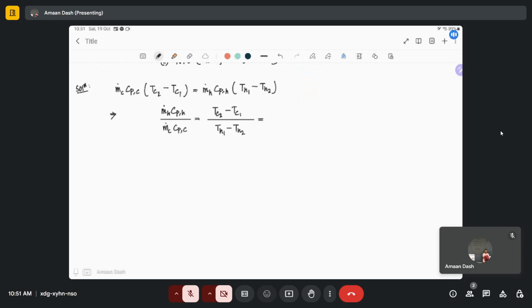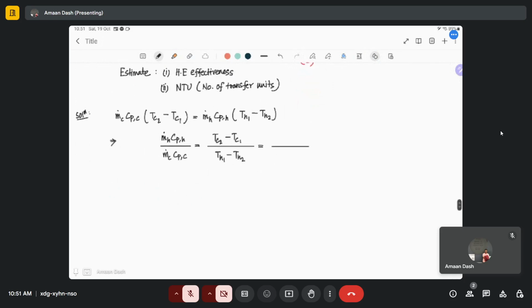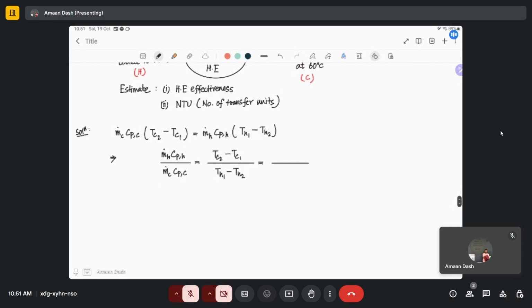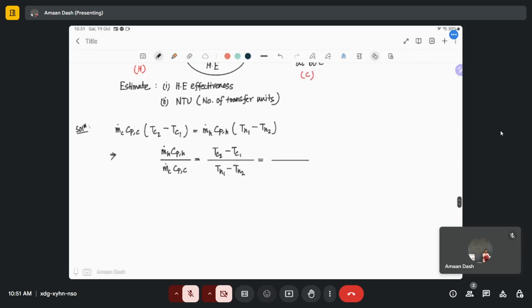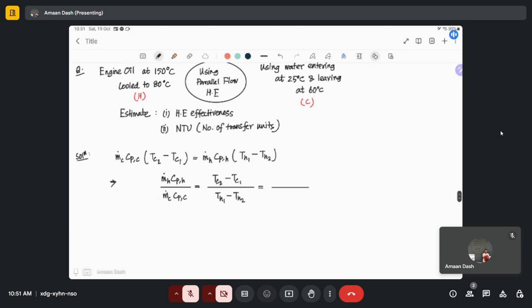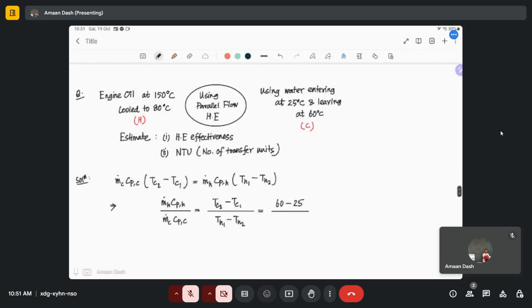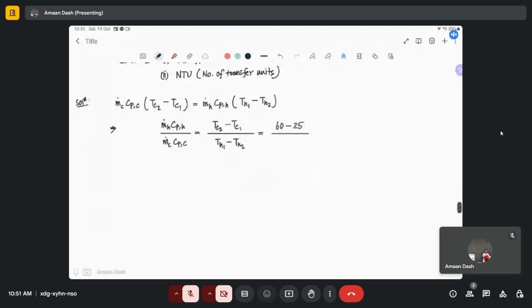And that is equal to 60 minus 25, and this is 150 minus 80. So this is equal to around 0.5.